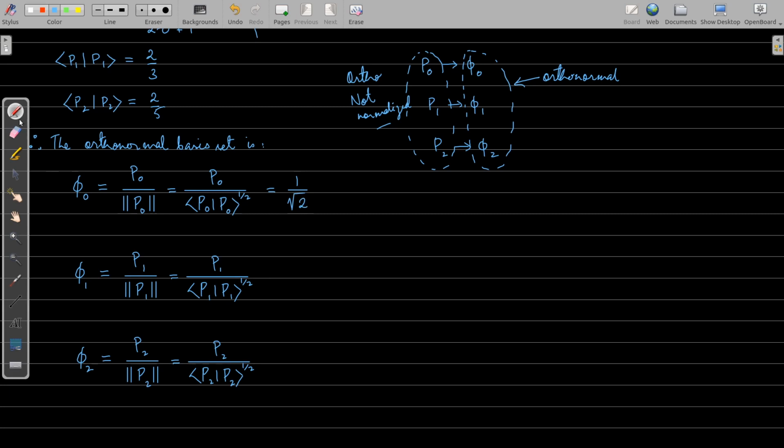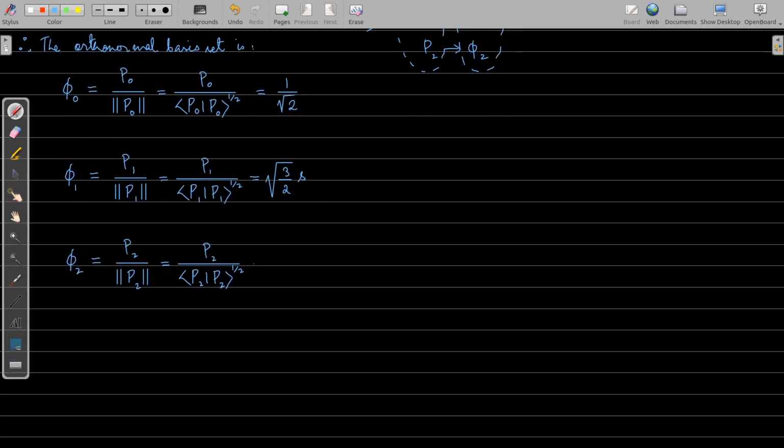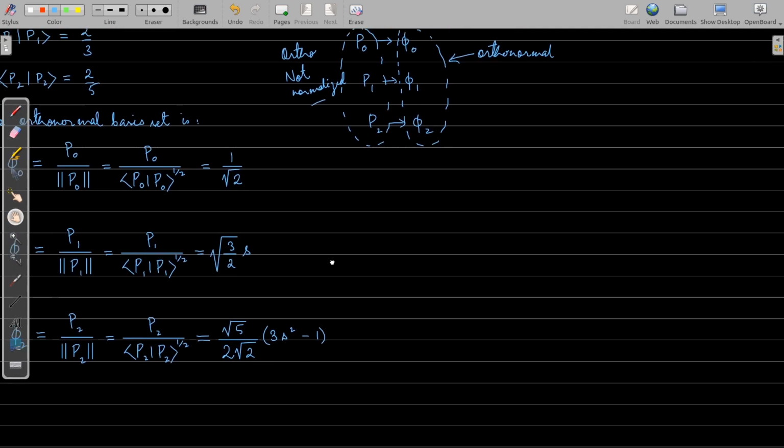Then this one is going to turn out to be root over 3 by 2 s, and the last one is going to turn out to be root over 5 divided by 2 root 2 times 3s square minus 1. So I'll leave this to you to verify for yourself.